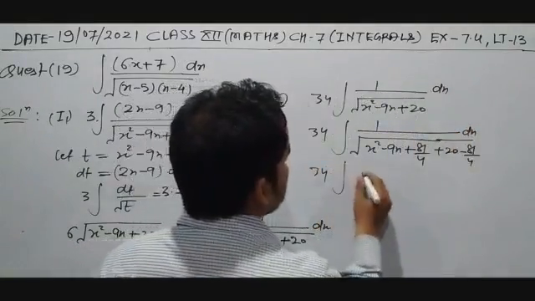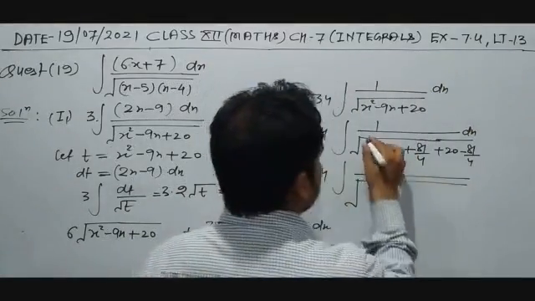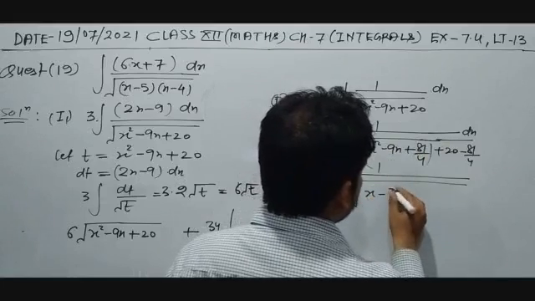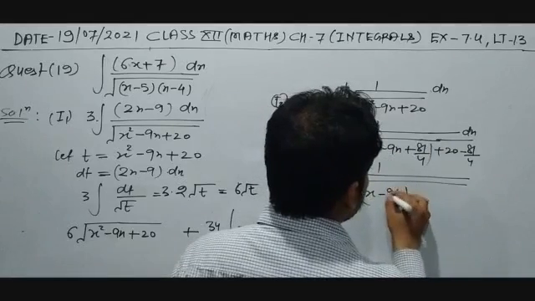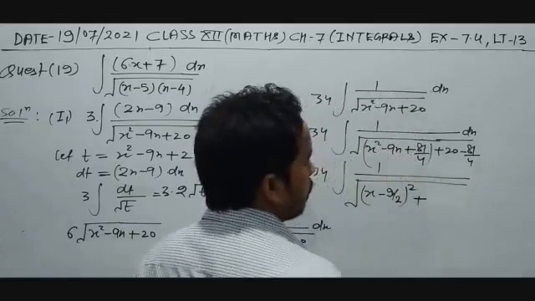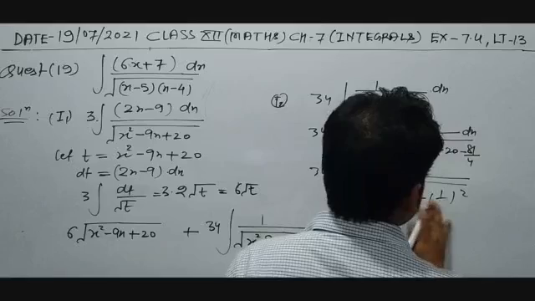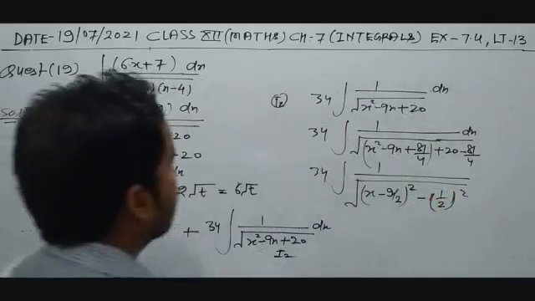So the result will be 1 upon root over (x − 9/2)² plus 20 minus 81/4, which is −1/4, so minus (1/2)², that is (x − 9/2)² − (1/2)².